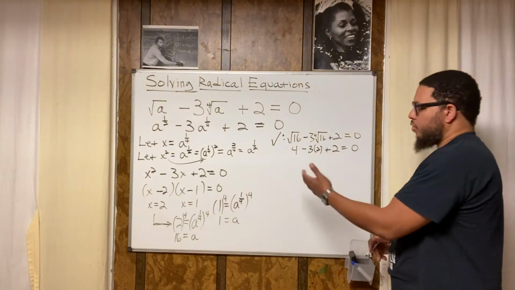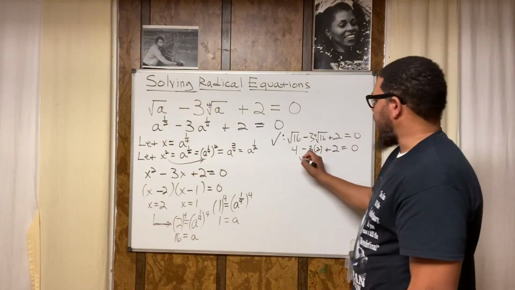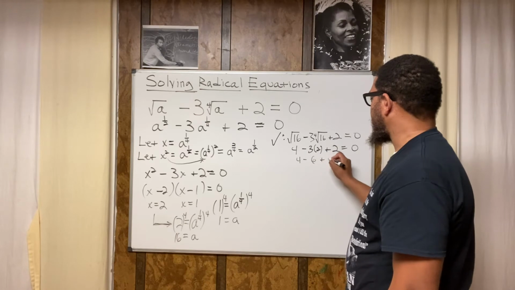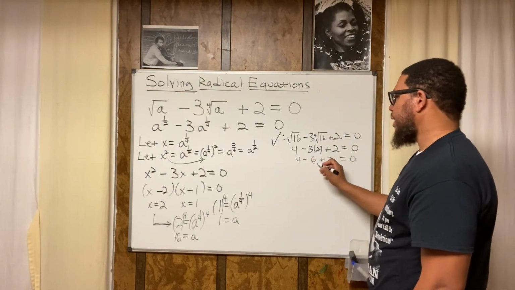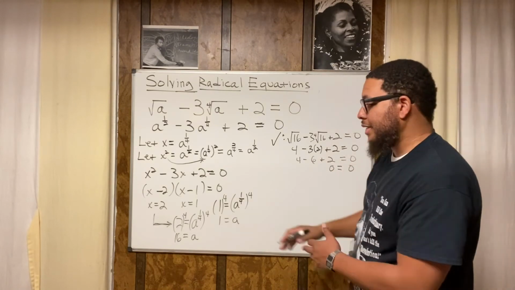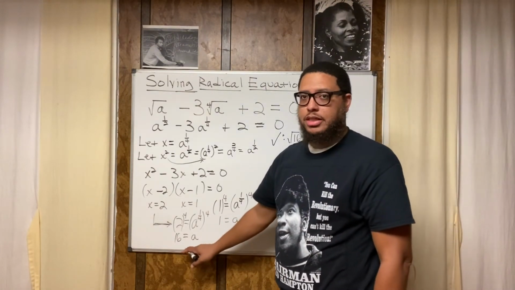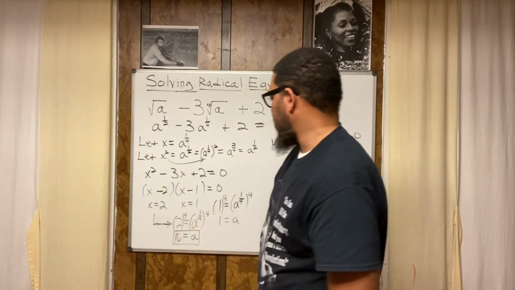Order of operations: negative 3 times 2 is negative 6. So we got 4 minus 6 plus 2 is equal to 0. 4 minus 6 is negative 2. Negative 2 plus 2 is 0. 0 equals 0. So that means that 16 is a good answer.